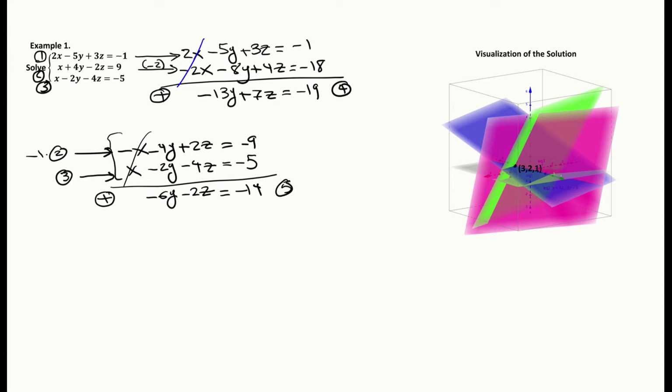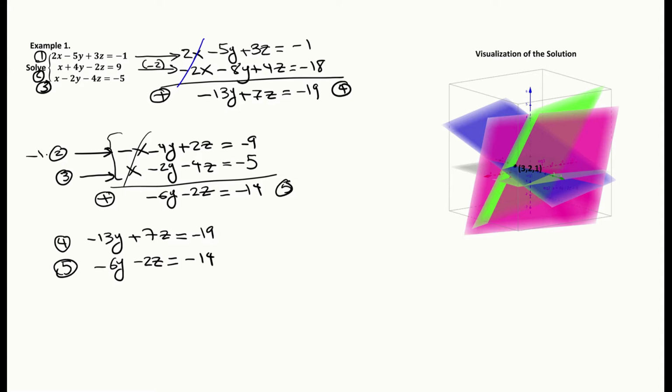So now what we will do is we'll take equation 4 and equation 5 and we put one under the other. So we have negative 13y plus 7z equals negative 19, and we have negative 6y minus 2z equals negative 14.